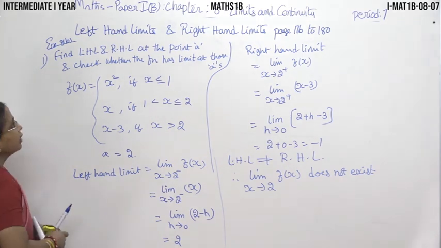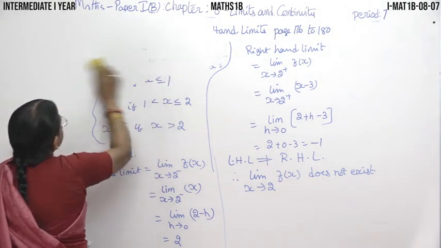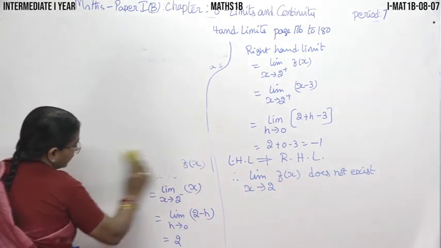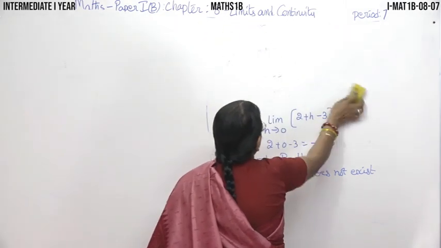Okay. Now next, the question is the same. Find the left hand limit and right hand limit.